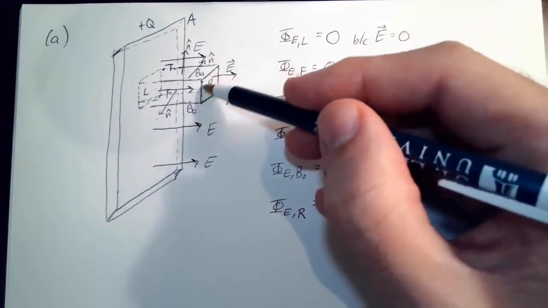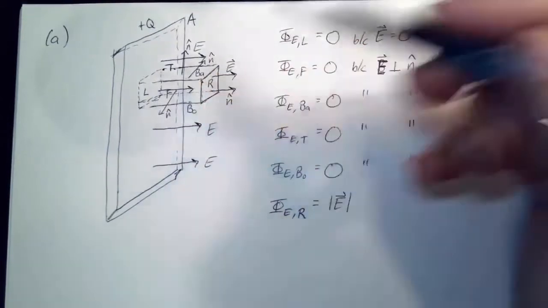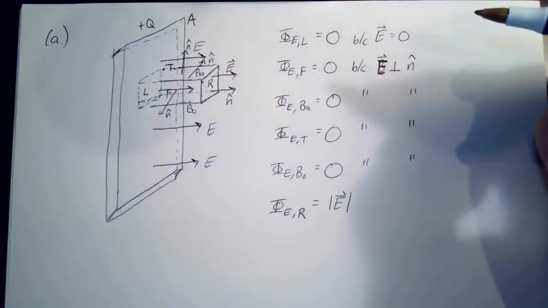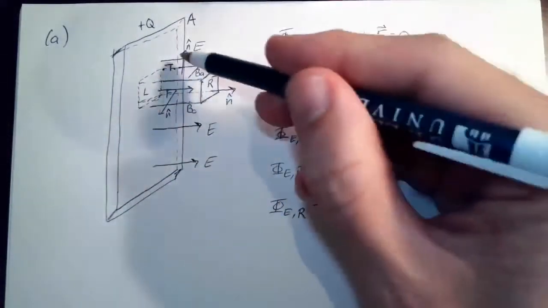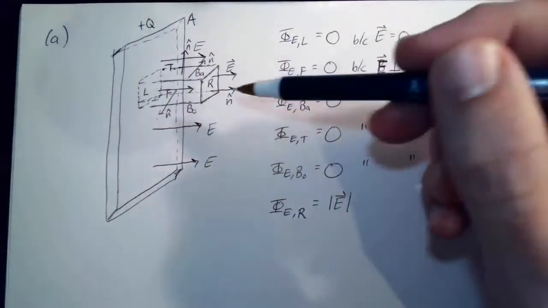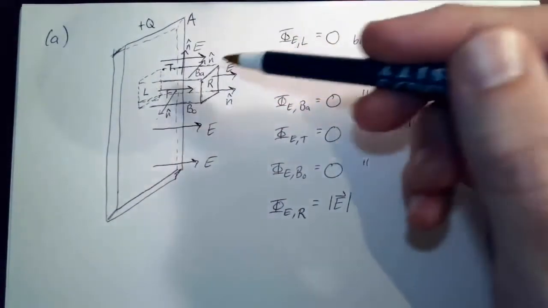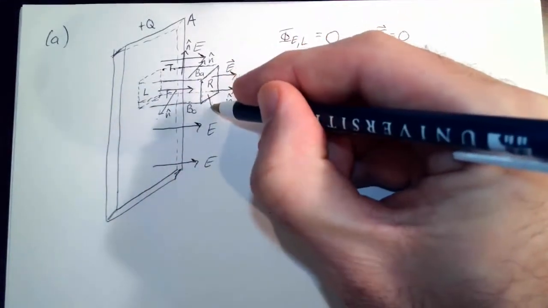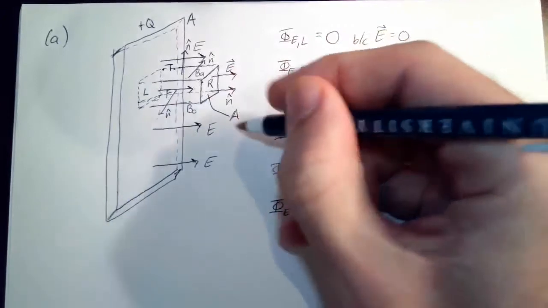Okay, so now we need to decide what the surface area of this box is. And it shouldn't matter for the same arguments I made before. This is a mathematical imaginary surface. Its area should not affect physical behaviors in the real world. So I'm just going to call this area A box.